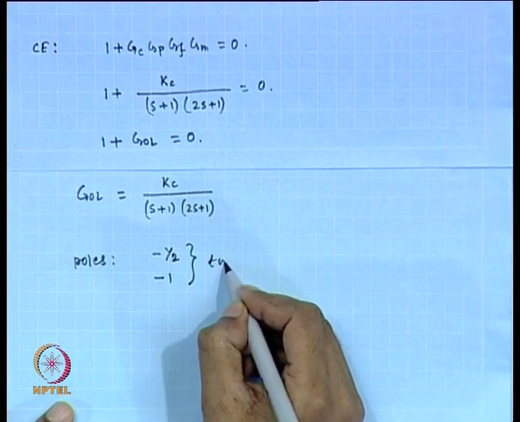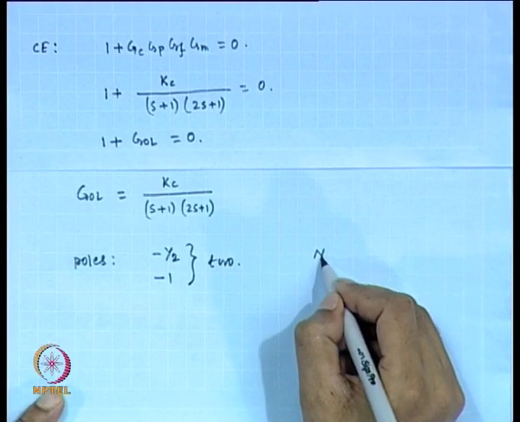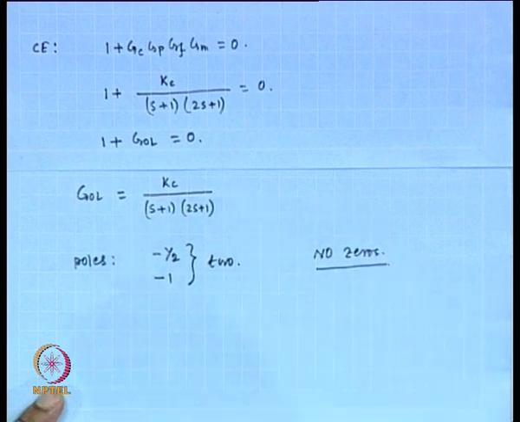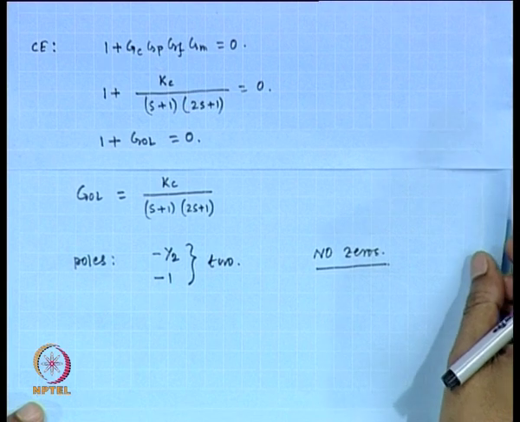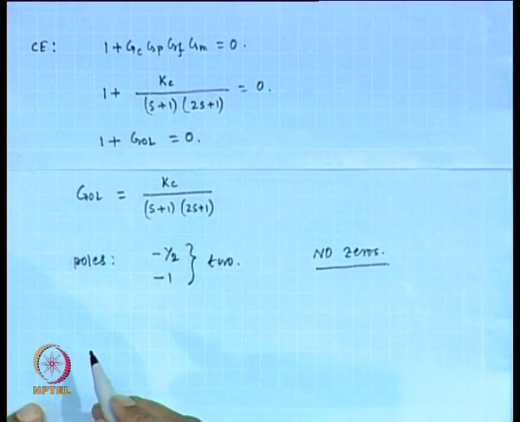What about zeros? No zeros. So, there are two poles and no zeros of the open loop transfer function GOL. Now, we will try to find the roots of the characteristics equation.